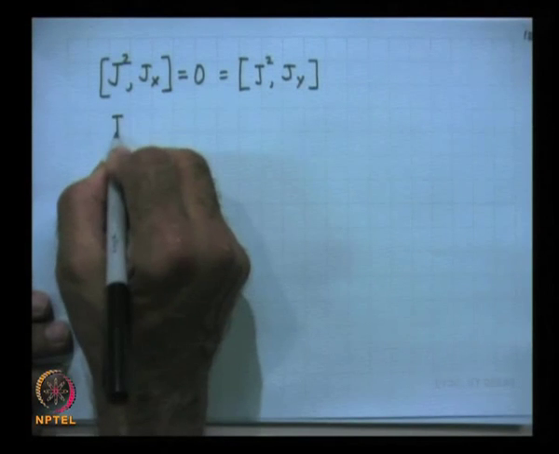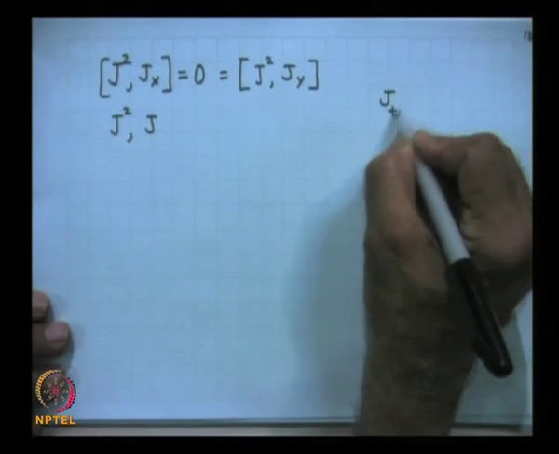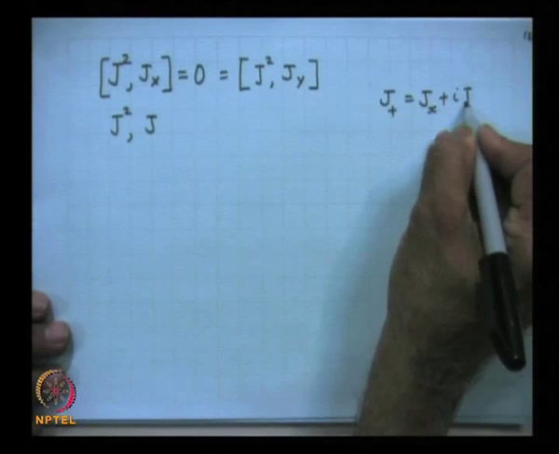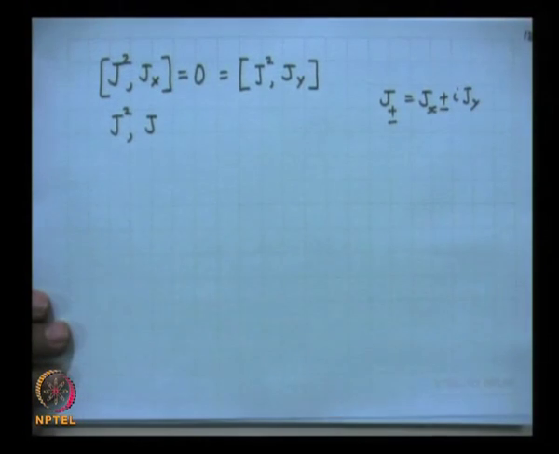So, j square will commute with j plus. If you remember, we had defined the operator j plus as j x plus i j y and j minus as j x minus i j y.